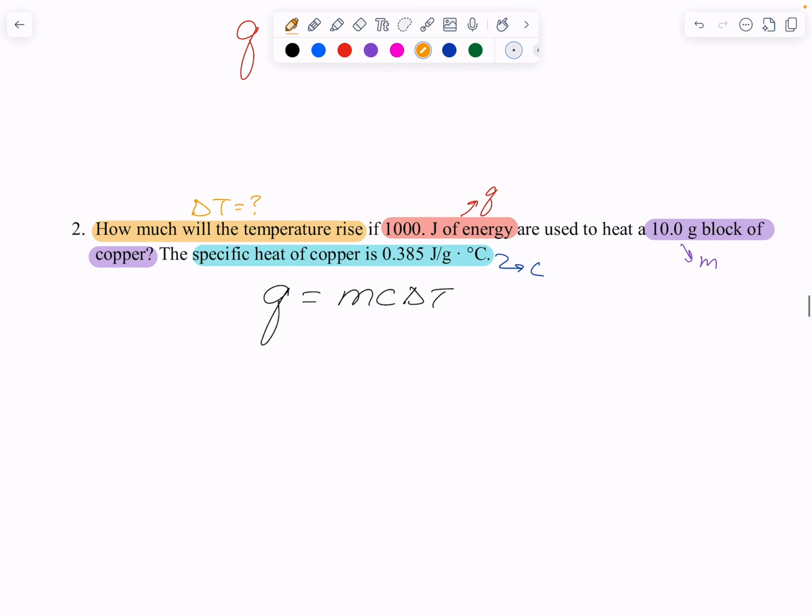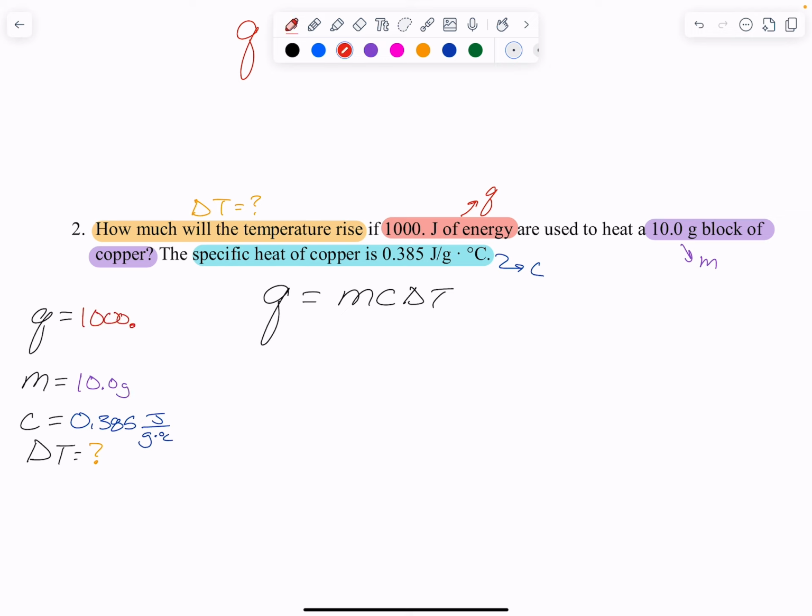Now, sometimes if you want to, you can write Q equals, M equals, C equals, delta T equals. If that helps you out, feel free to do it this way. 0.385 joules per gram degrees Celsius, 10 grams, and 1,000 joules. So that means we have 4 sig figs on the joules.